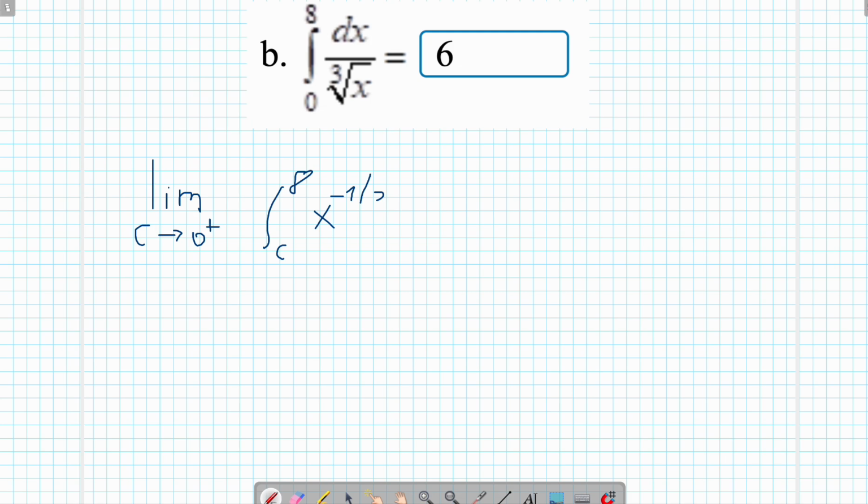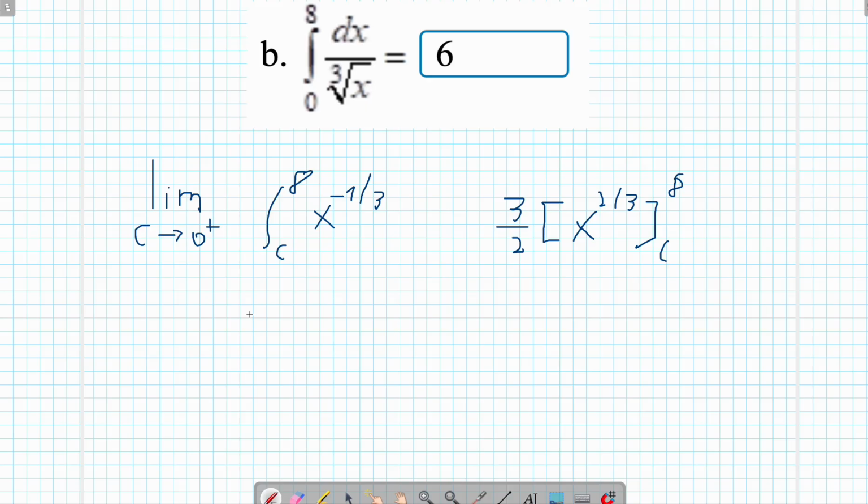We're going to integrate, and we're going to get 3 over 2 times x to the 2 over 3 from 8 to c. I'm not going to put the limit, it's going to waste some time, but you know what I'm going to do.